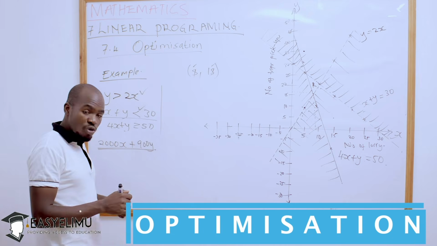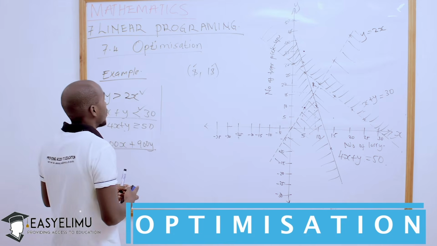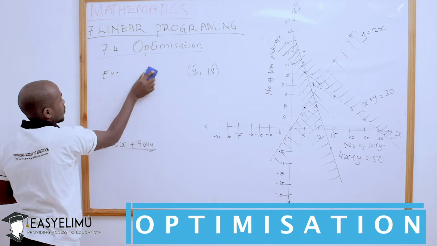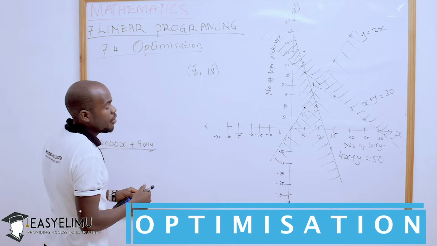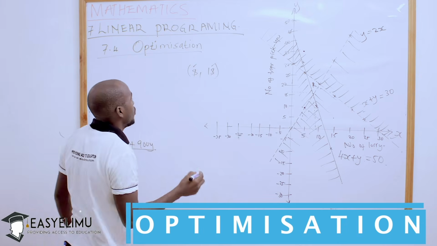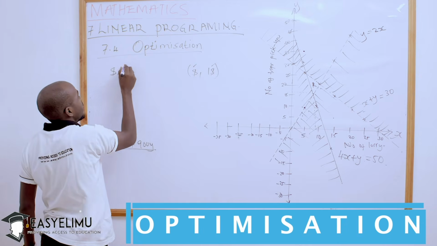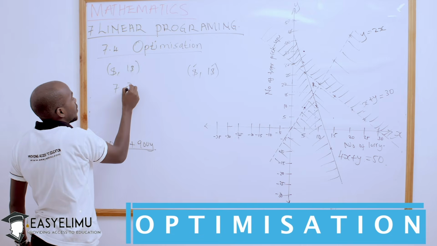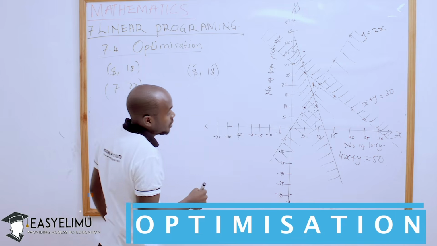You may have numerous points like we have said. If you have drawn the graph very well, you will find a point like 8, 18 will be present. You will find this point also will be present.